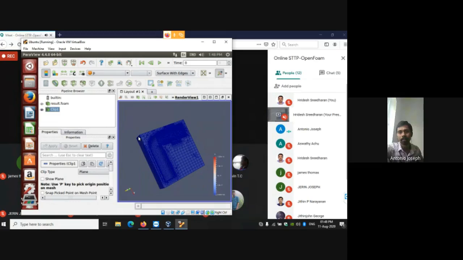What all things that we are executing and what all things that we are getting will be saved in that file. That file extension name is called .foam, and we can give any file name we like. The command for creating that file is touch. Here we had given the file name as result. So for creating that file, we will be executing the command touch result.foam.